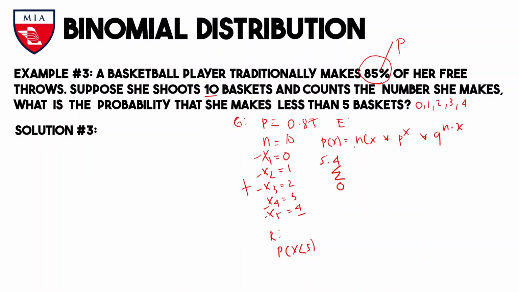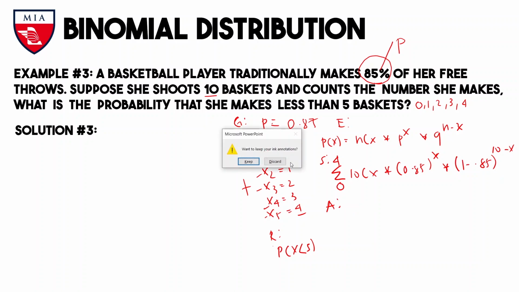And you will just copy, substituting the values: 10Cx multiplied by 0.85 raised to x multiplied by 1 minus 0.85 raised to 10 minus x. What is your next step? Your next step is to input this equation in our calculator. So let's have a demo on how we will do it.